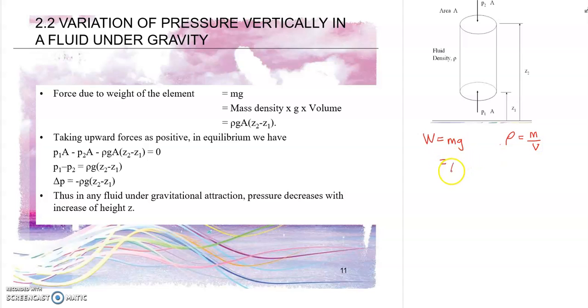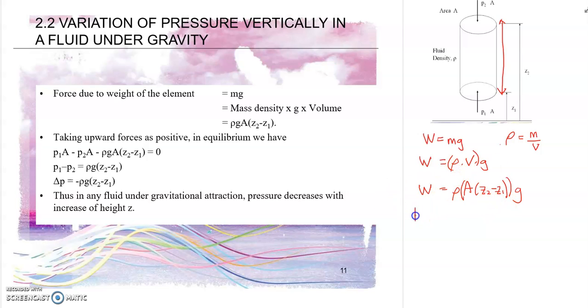So your mass is actually density multiplied by volume, multiplied by g, and you can get your W. If we relate this volume with the cylinder, it is actually rho multiplied by area, the circle area, multiplied by the height, which in this case is Z2 minus Z1, because we only want the height of the cylinder, multiplied by g to get your W.